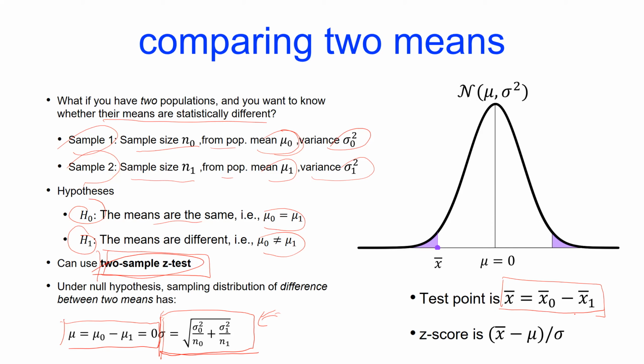And in order to compute those p-values, we need to reduce our arbitrary Gaussian into a standard normal distribution by calculating the z-score. But the z-score now has the mu here, which is 0, so you do not need it. Then you divide by the sample standard deviation, which is calculated using this. All right. So then everything else will follow.